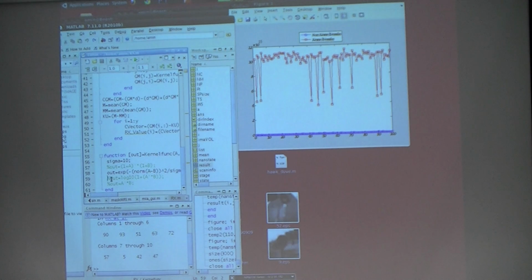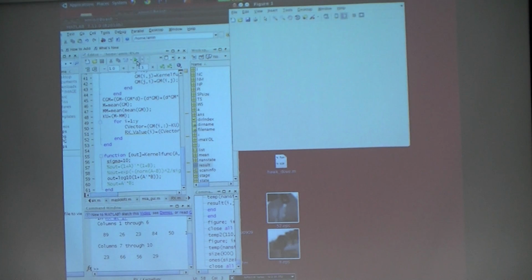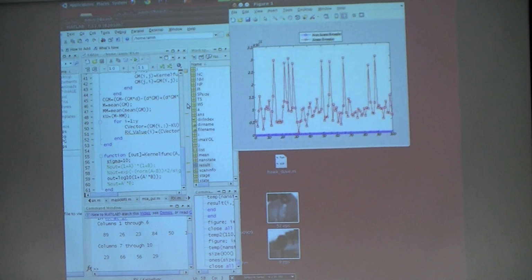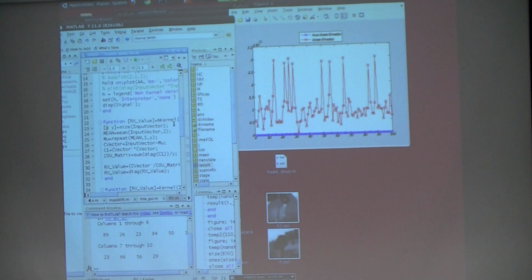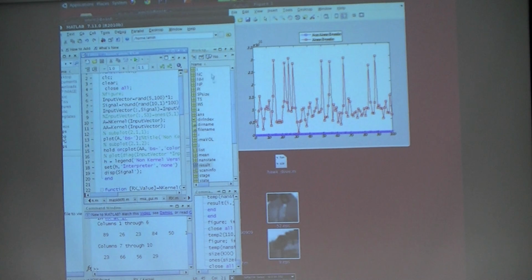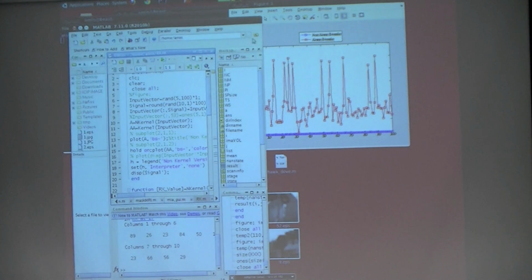Suppose the original input is a random vector with 100 number of inputs, but the dimension is 5.